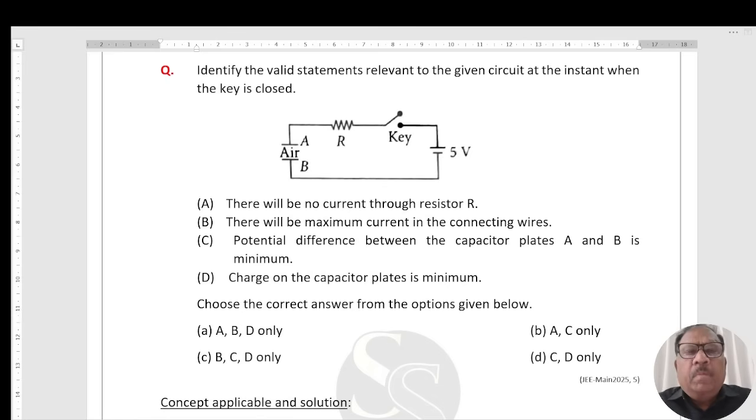Question is, identify the valid statement relevant to the given circuit at an instant when the key is closed. This circuit contains resistors, capacitor, battery, key.